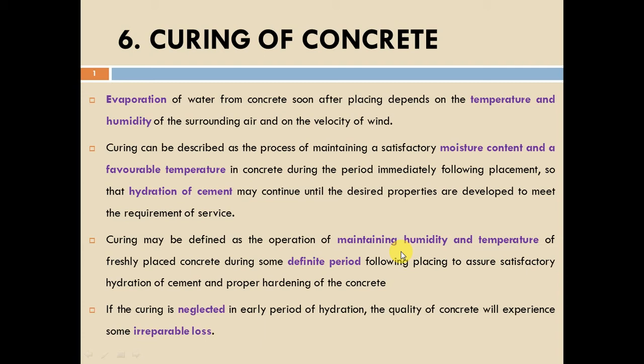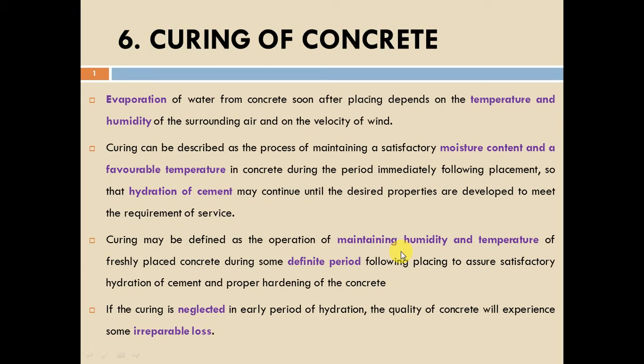That means when the concrete dries out after it is placed, due to the evaporation, the complete hydration of cement is not done. So that leads to a lesser amount of strength, and it will also affect the durability in the later stage.